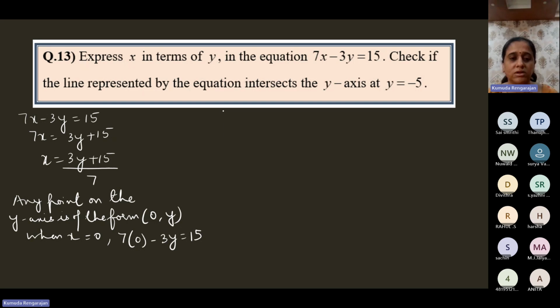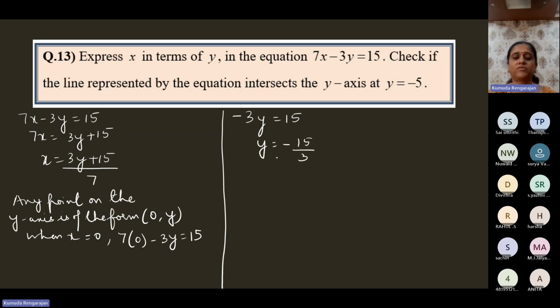So we have minus 3y, because 7 into 0 is 0, is equal to 15. Y is equal to 15 by minus 3, y is equal to minus 5. So this line intersects the y-axis at y is equal to minus 5.